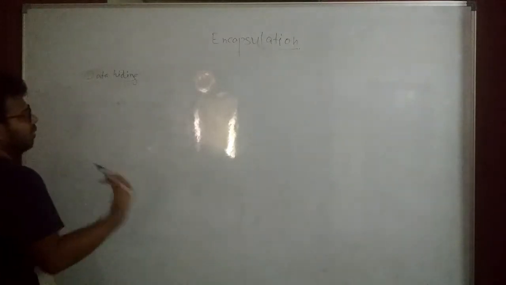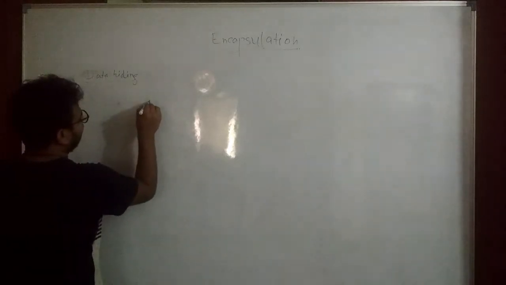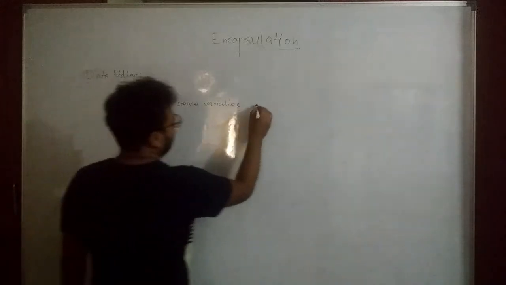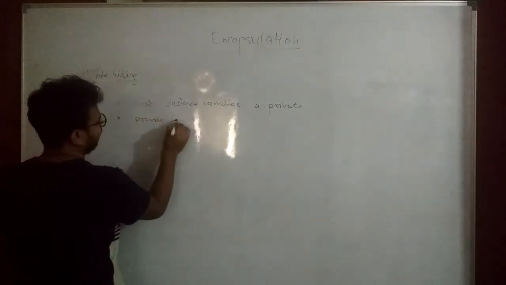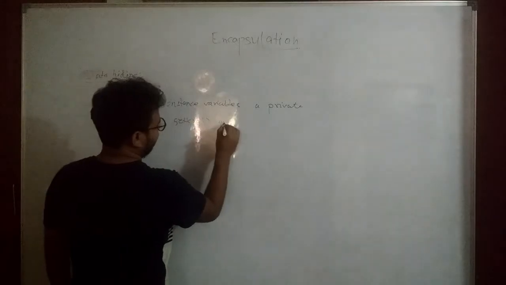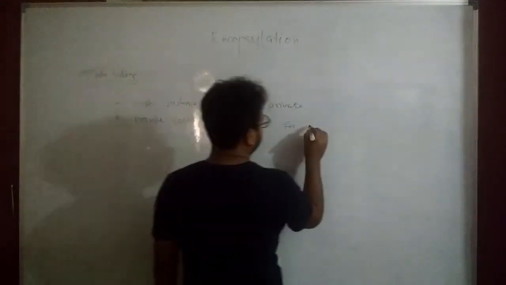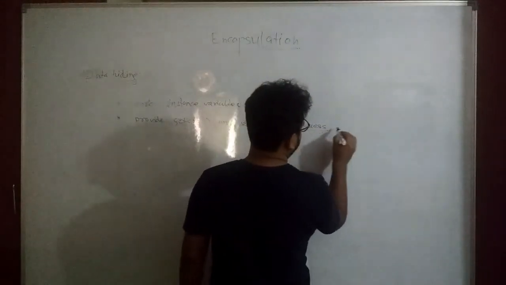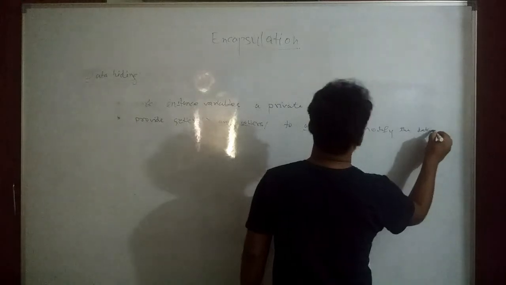Now let's write the benefit of data hiding. First of all, mark all your instance variables as private, then provide getters and setters to access and modify the data, that is, the instance variable.